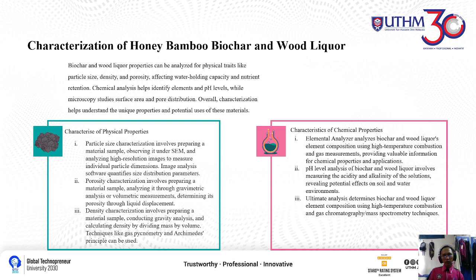Ultimate analysis determines biochar and wood liquor element composition using high temperature combustion and gas chromatography or mass spectrometry techniques.